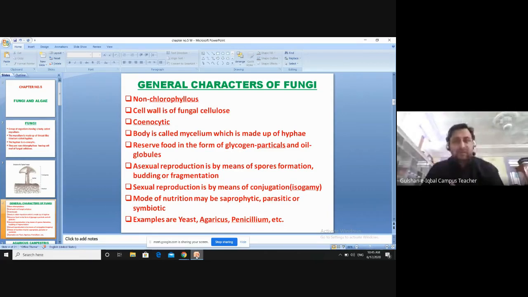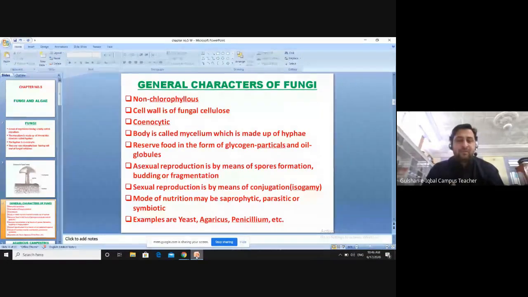Asexual reproduction is by means of different methods. There is spore formation, means they form spores, unicellular bodies which are called spores. Budding, they form a small outgrowth on the body of the parent, that is called budding. When the bud is separated from the parent body, new mycelium or new fungus can be formed. And then we have fragmentation.